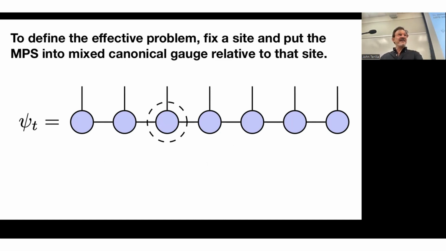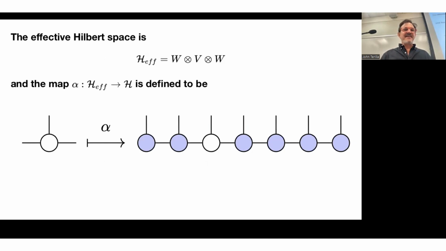Well, you pick a gauge site, like this. In this picture, I picked the third one. And then you put this MPS into mixed canonical gauge relative to that site. And then the effective Hilbert space will always be the bond space tensor one copy of the site space, tensor one copy of the bond space.